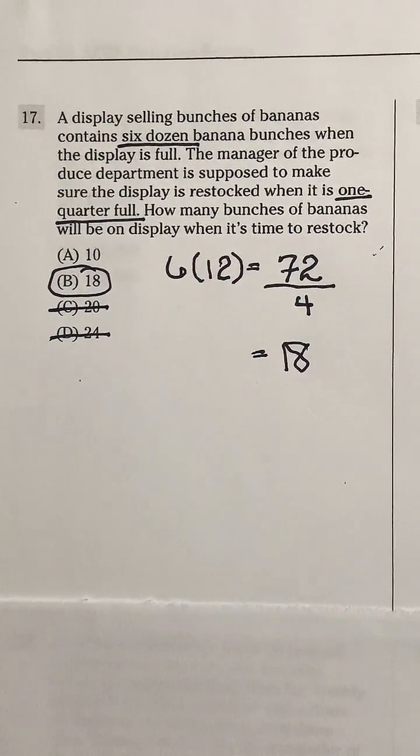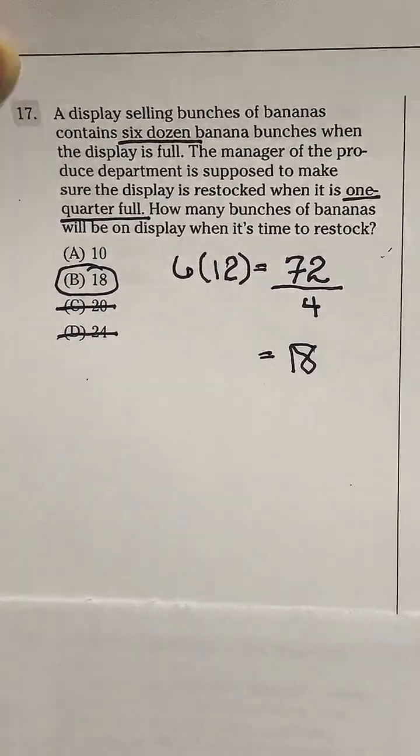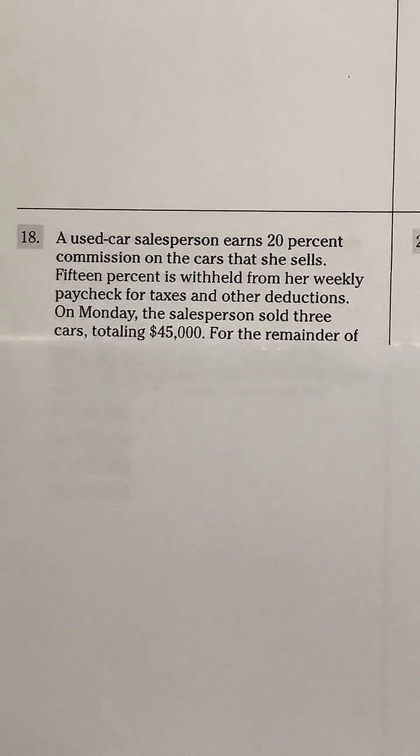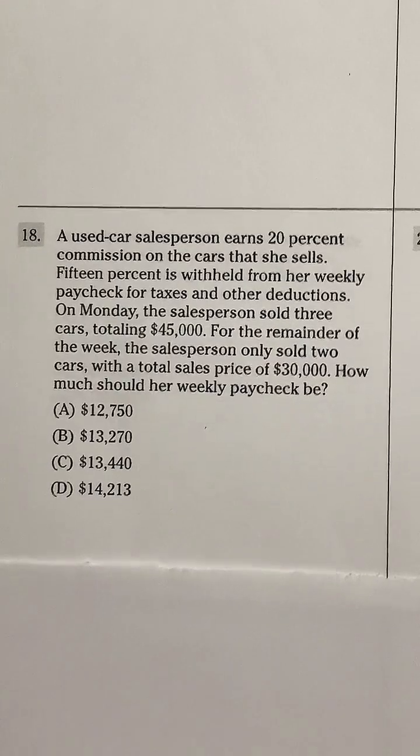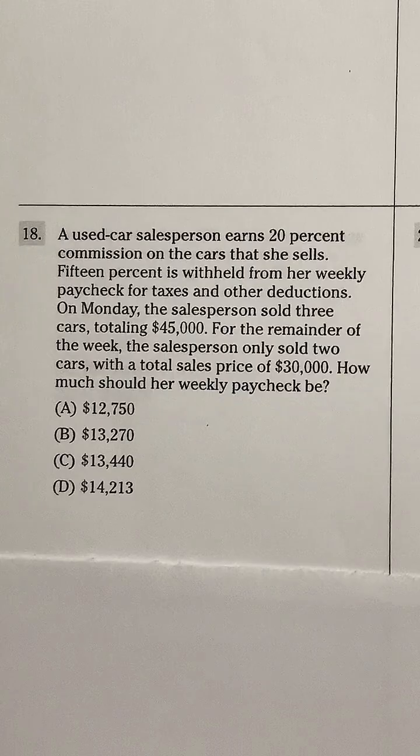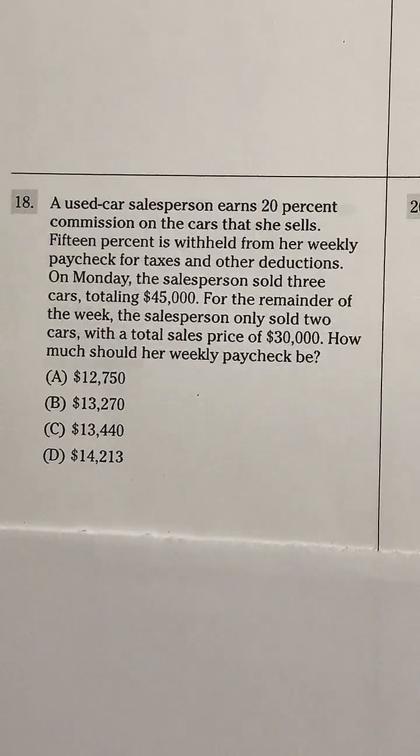All right, so let's take a gander. Here's another one. A used car salesman earns 20% commission on the cars she sells. 15% is withheld from her weekly paycheck for taxes and other deductions. On Monday, the salesperson sold 3 cars, totaling $45,000.